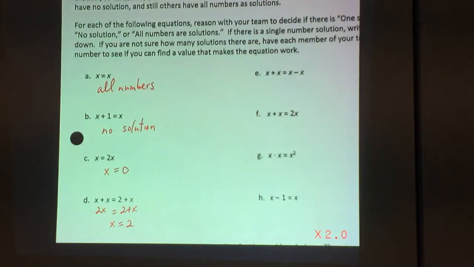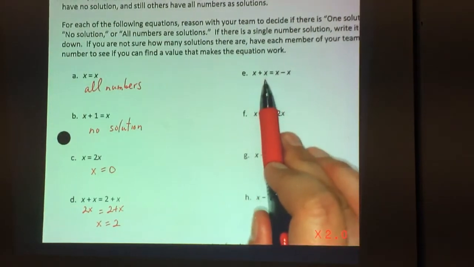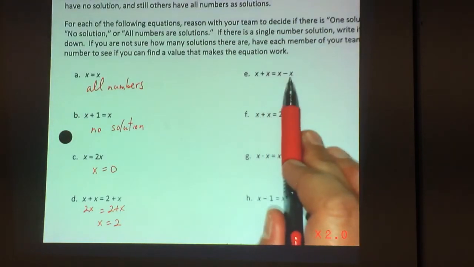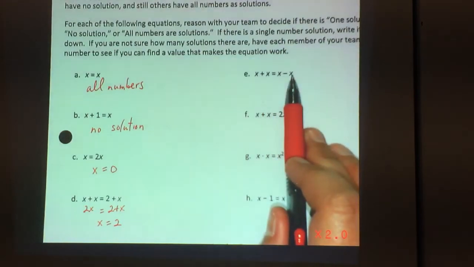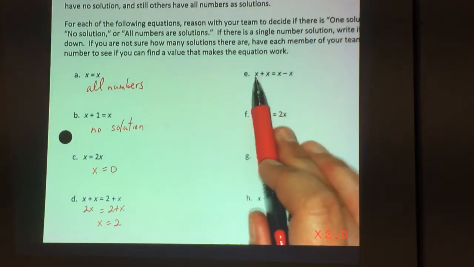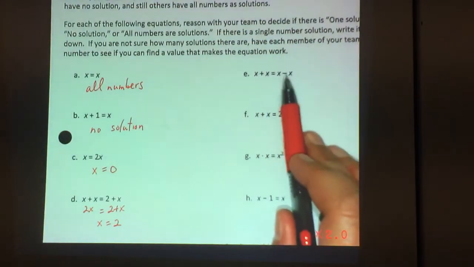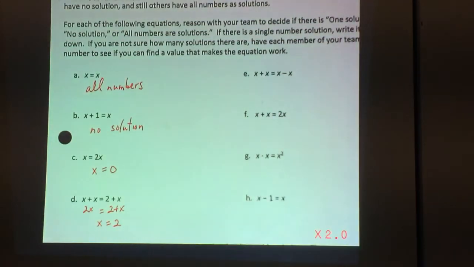Okay, you ready to go to E? Let's go to E. So over here on the left-hand side, I am adding. And over here, I am subtracting. These x's all have to be the same number. So what would I be adding together on the left side that would equal me subtracting a number from each other on the right side?